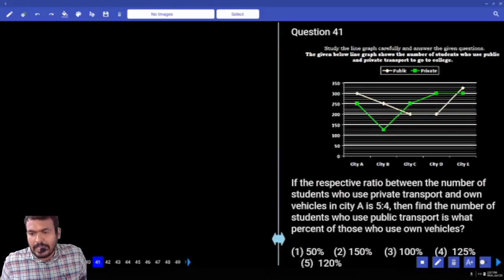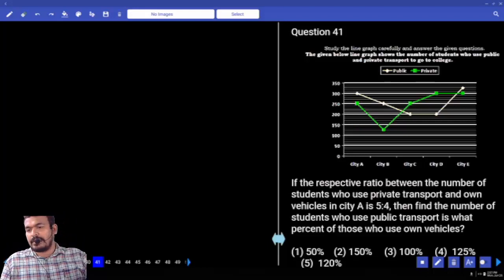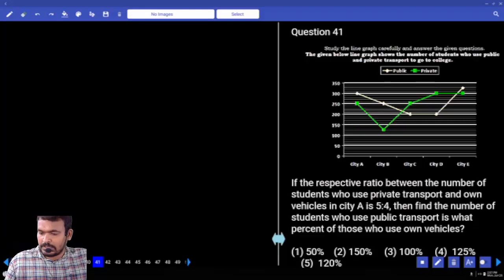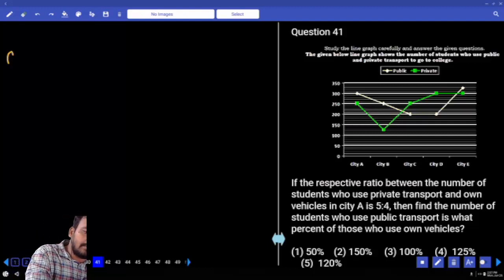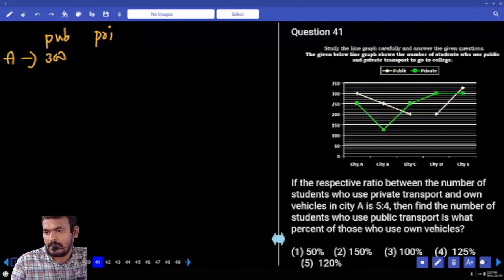The line graph given below shows the number of students who use public and private transport to go to college. Here, city A public value? 300. Next, city A private value, 250.